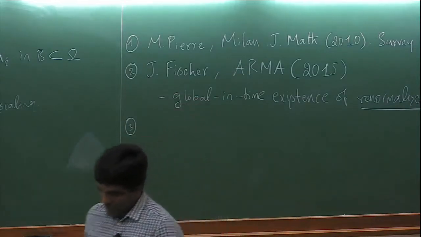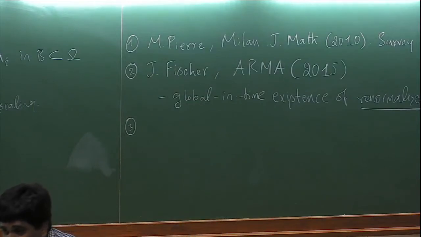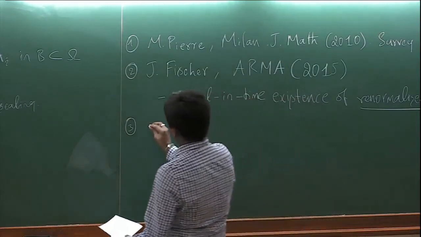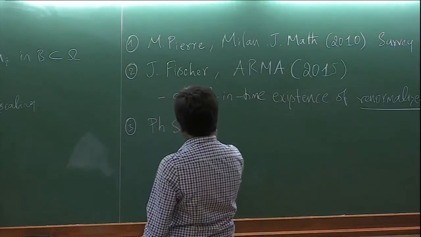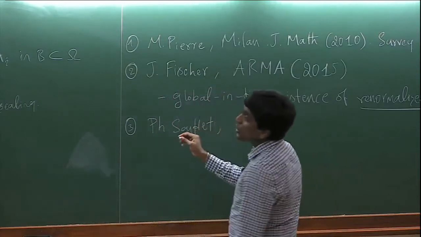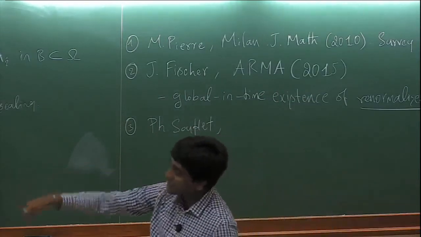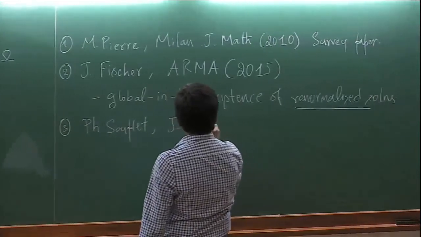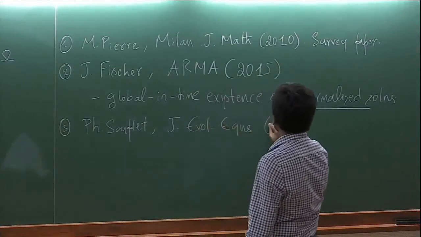Then you might have wondered why I'm giving this particular example of 4 species. This is a very popular model which is studied in this field. And last year, Philippe Souplet gave global in time existence of solutions and uniqueness of solutions to this 4-species model. This is in the Journal of Evolution Equations, 2018.